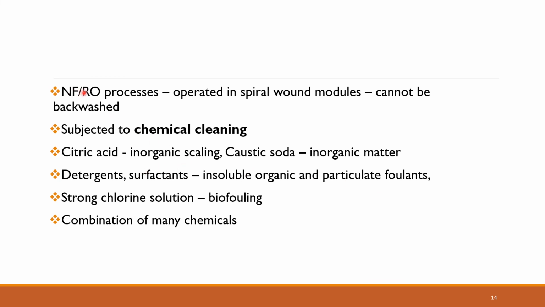Usually, to clean the nanofiltration and reverse osmosis membranes, they go for a combination of different chemicals based on the deposition on the membrane, because you have wastewater which is a combination of many impurities. There will be different types of impurities present in the wastewater, so that is removed by using a combination of different chemicals.